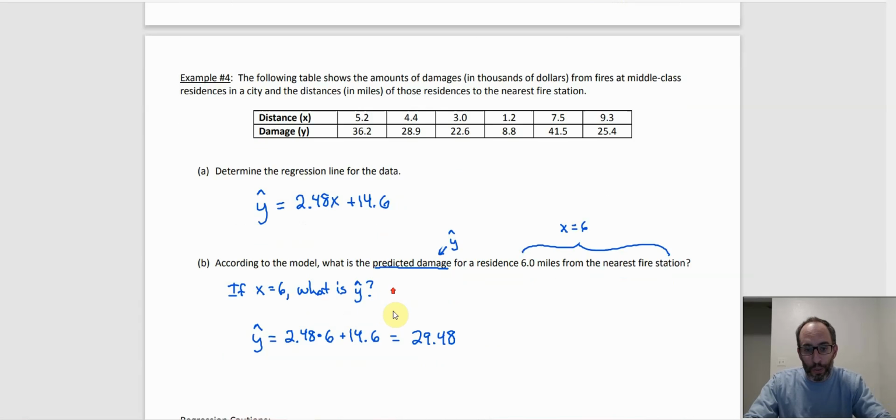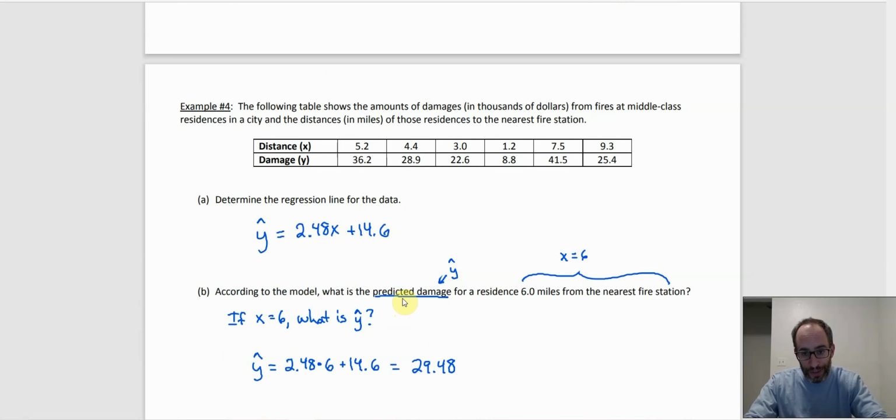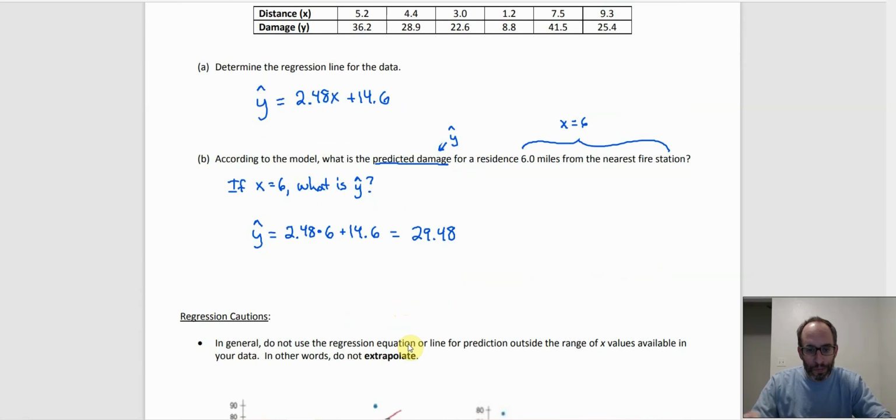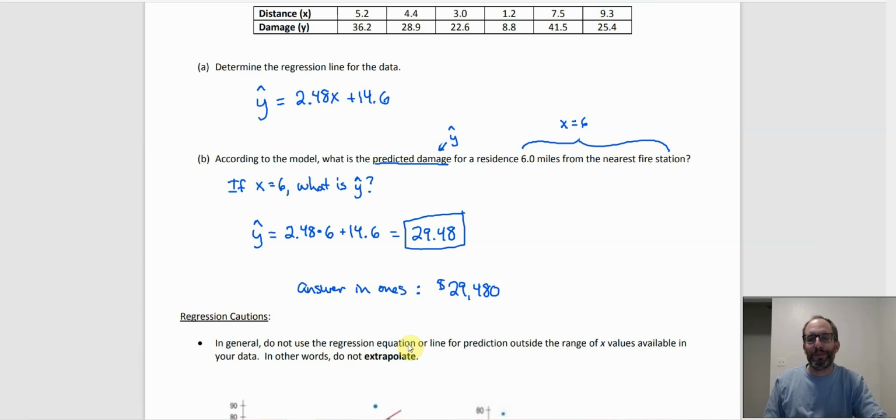Since this is written in thousands of dollars, like it says right up there, if you want to do the conversion to have the answer in ones instead of thousands, I think for this sort of thing, that would really be your answer. But if you wanted to write it in ones, if that makes it feel more finished, I suppose it would be 29,480. Just multiply by 1,000, so move the decimal point 3 places to the right. And that's pretty much it. If you're going to use the equation for prediction, you just sub in, right?